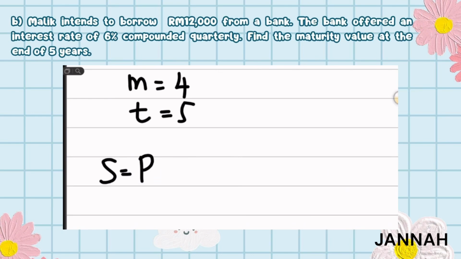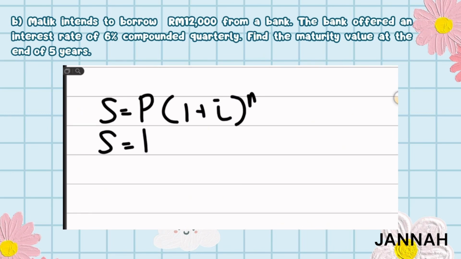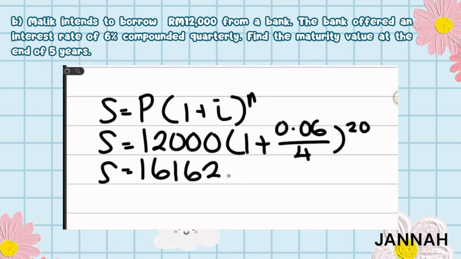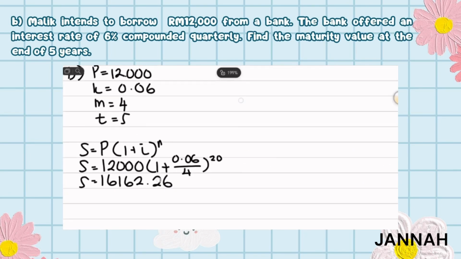So we have to use this formula, S equal to P (1 plus i) power of n. Then we substitute the values into the formula. So the final answer is S equal to 16,162 ringgit 26 cents.